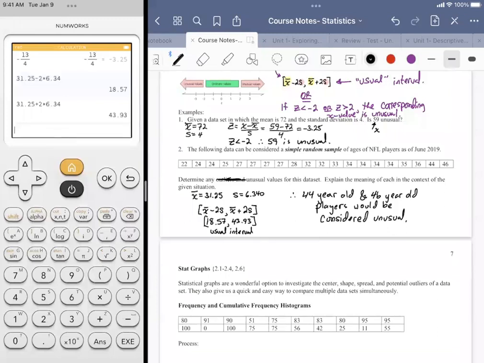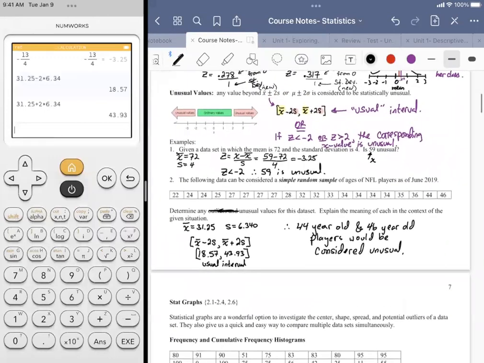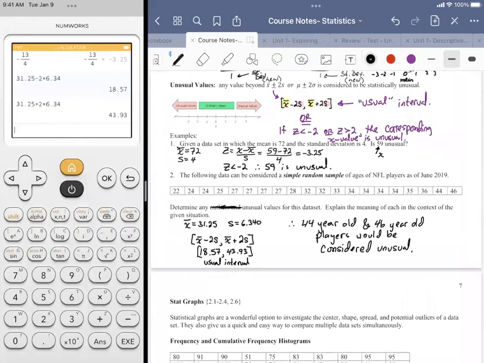So age of people. In which case you look at this and say, okay, based off the data, 44 and 46-year-old players would be considered unusual. And then that's where you would leave it. This isn't like a research project or anything like that. Otherwise, every problem would take us an entire class session. All right, so we're going to leave that there.